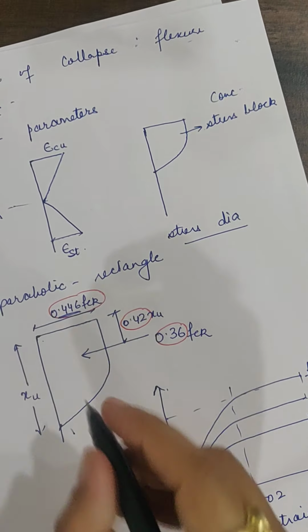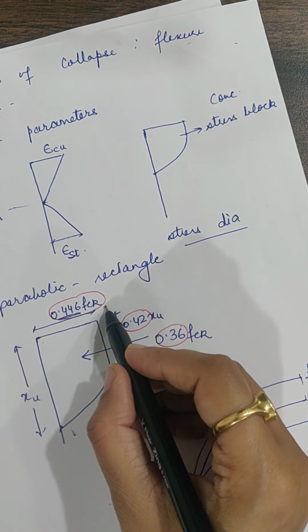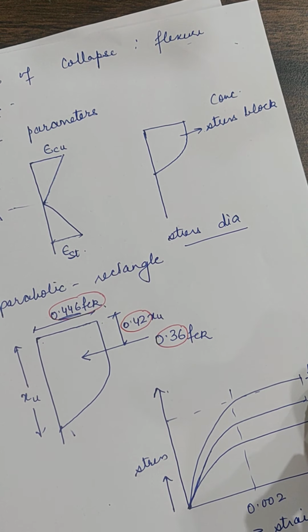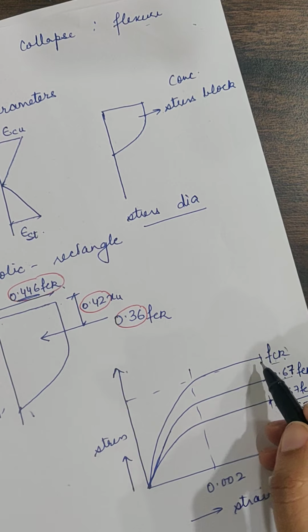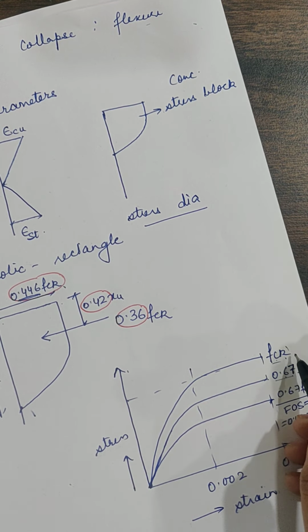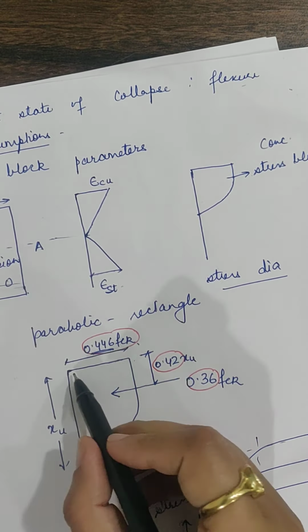So maximum stress in concrete can be taken as 0.446 FCK. It is not FCK, which is the 28-day strength of concrete when taking it with cubes. This is the maximum stress that we assume that the concrete structural element will take. Okay. So this number is clear to you now.